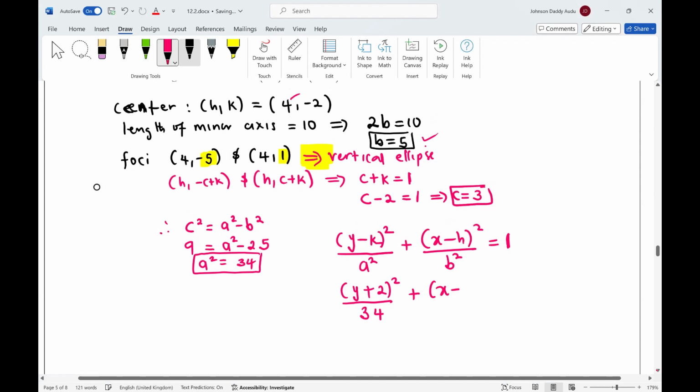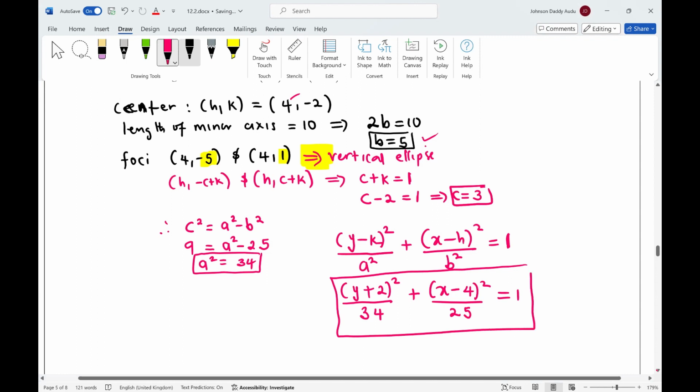So this will be (x - 4) squared over b squared, which is 25, and this is equal to 1. All right, so this is our equation.